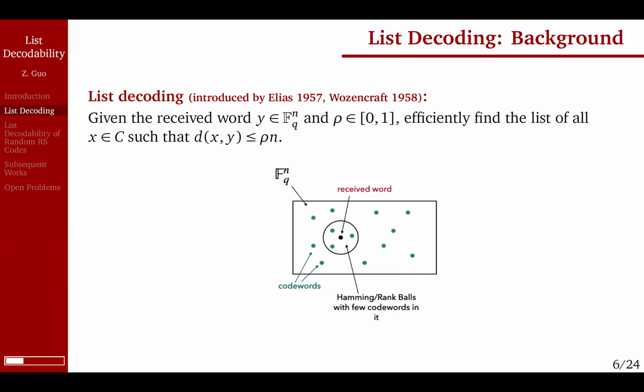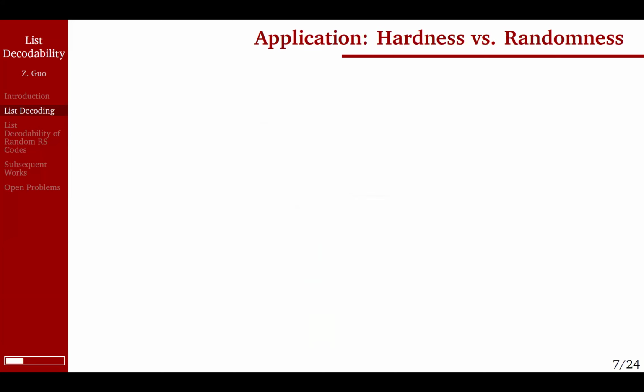The most common setting is substitution errors, but I think you can also study insertion and deletion errors, where symbols are dropped. Yeah, I think we can talk about that later. In this talk, we just focus on the normal setting of substitution errors.